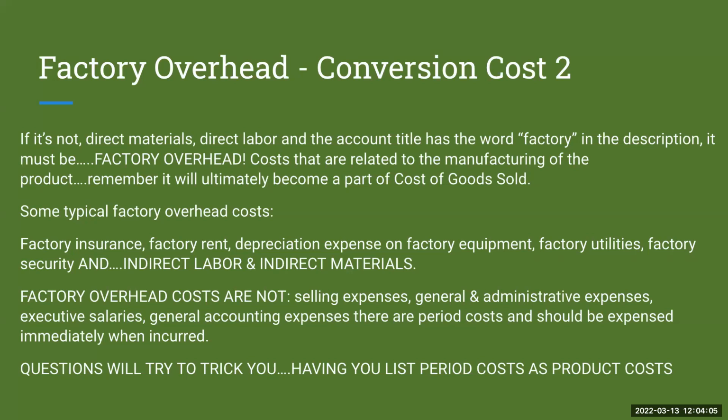So what we're really focusing on for factory payroll and factory overhead is that it has to relate directly to production. Remember that questions will try to trick you. They're going to give you period costs such as selling expenses, and try to make you think that they're product costs, but we're not going to make that mistake.